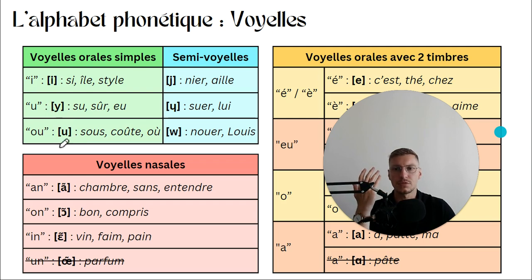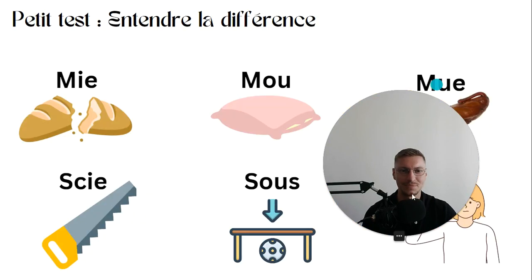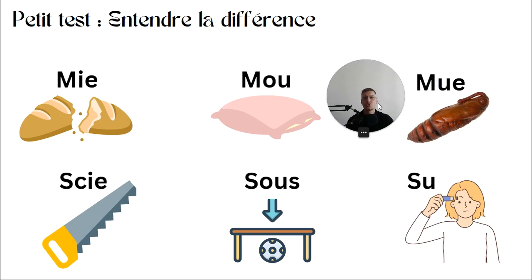I know it's tricky, but okay, so this right here is the sound OU that traditionally we write OU. The Y in brackets like this is the sound U. Okay? If this is confusing to you, please watch video number 1 first, okay? Because I was explaining how it works to have a phonetic alphabet like this. Okay? Très bien. Quick introduction.